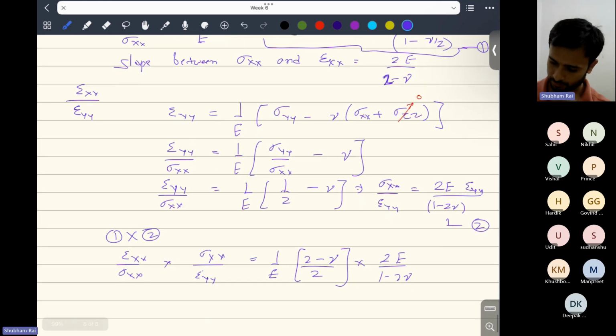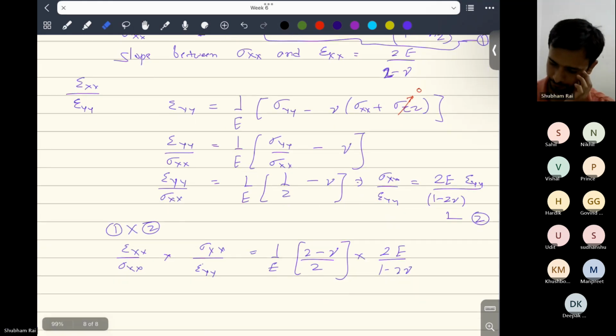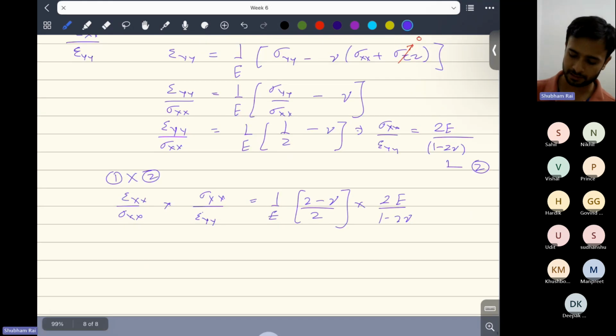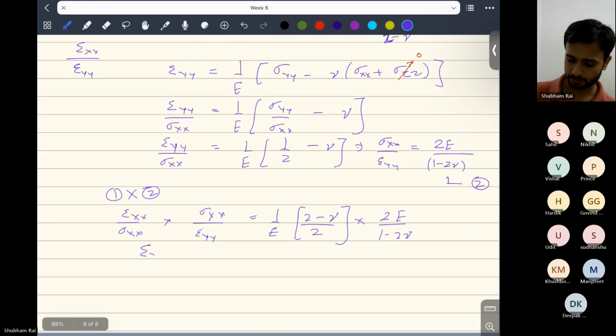Okay, so e and e will get cancelled. So you get epsilon xx over epsilon yy, as e also will get cancelled. So 2 minus nu over 1 minus 2 nu we will get finally.